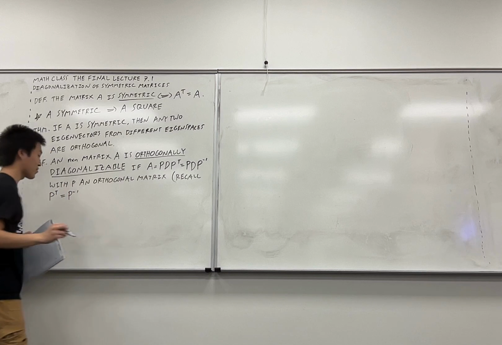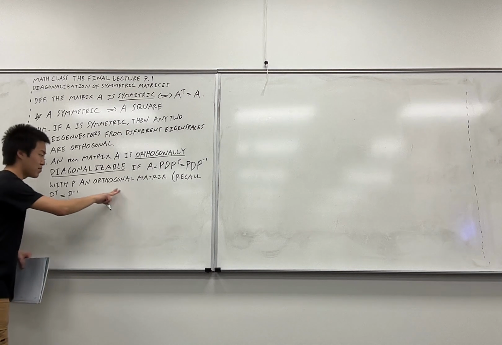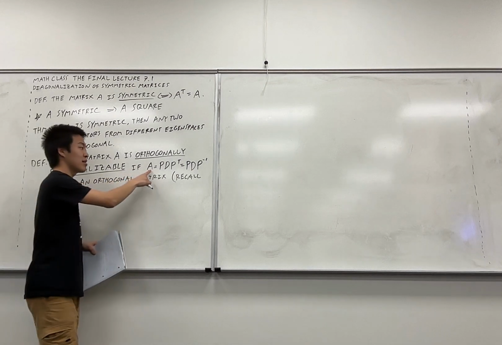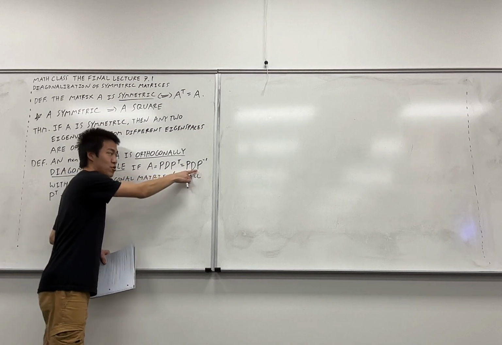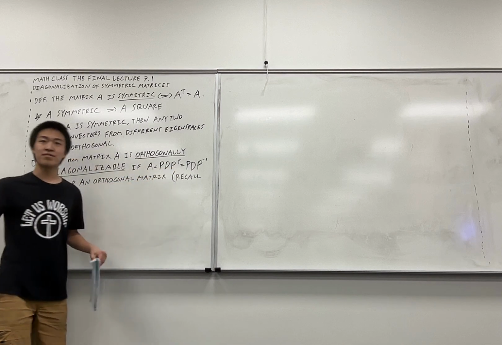If I wanted to invert it, I'm really just doing its transpose. That was a main application that was really helpful: to get its inverse, all you have to do is transpose it, which is super easy compared to what we had to do in the past. And so that's why, with this factorization, instead of finding your PDP inverse, all I need to do is find PDP transpose.